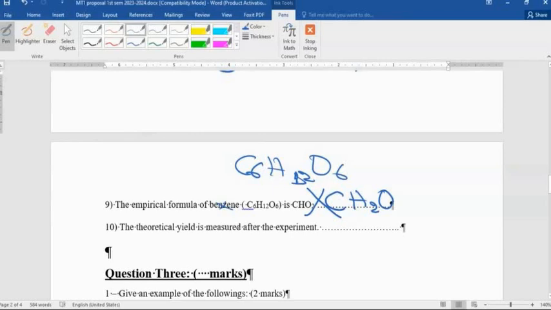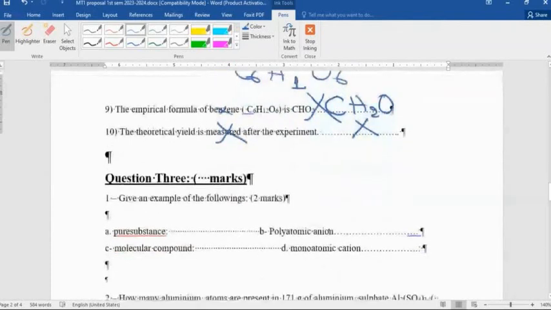So the theoretical yield is not measured, it is calculated using my chemical equation. So this one is wrong. How I correct this one: the actual yield or the experimental yield is measured after the experiment. Right or not? Now we go to the next one.